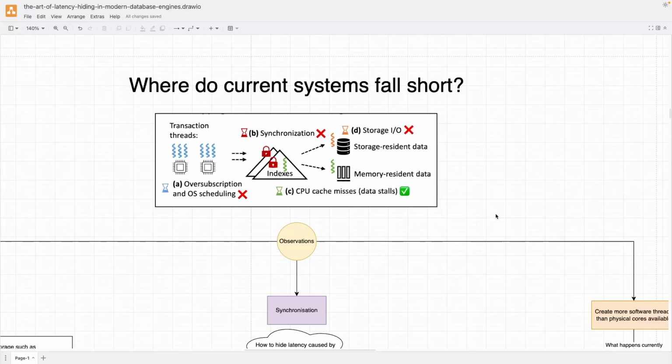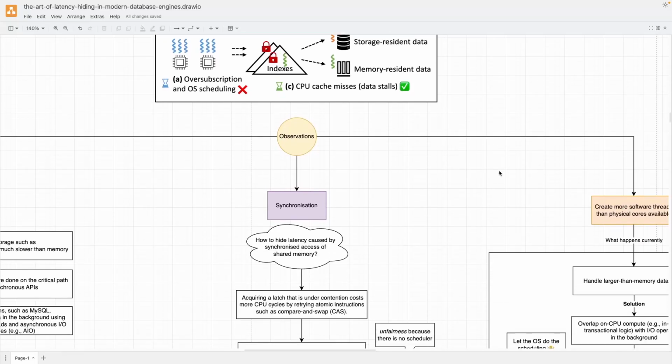SSDs are very fast, much faster than hard disk drives, but they're still slower than your main memory. So how do you hide the latency of getting data from your storage? That is again something which today's database engines don't handle at all. As we go forward in today's discussion, we'll be talking about how these three types of latencies are handled and the novel approaches that the authors have come up with.